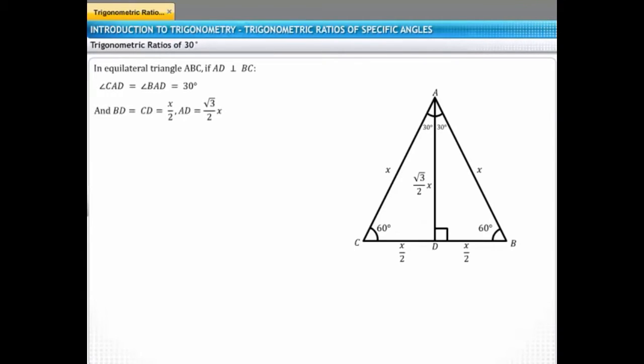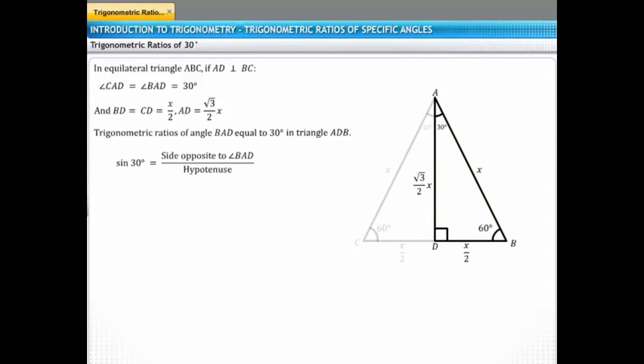Remember, when we drew AD perpendicular to BC, we not only divided BC into 2 equal parts, but we also divided angle BAC into 2 equal parts. Now, let us find trigonometric ratios of angle BAD equal to 30 degrees in triangle ADB.